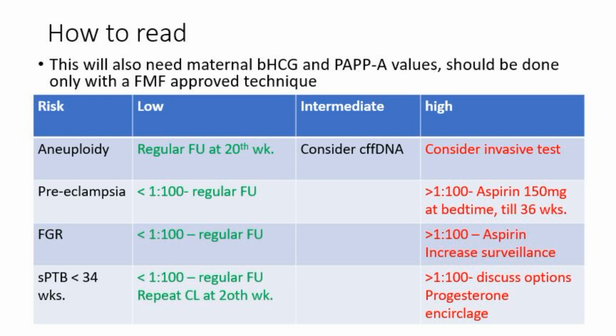This is how the possibilities are interpreted. Always consult your local fetal medicine consultant to read the report properly. If the patient has a high risk for aneuploidy or preeclampsia or fetal growth restriction, or the risk of spontaneous preterm birth before 34 weeks is on the higher side, she will require some form of intervention.